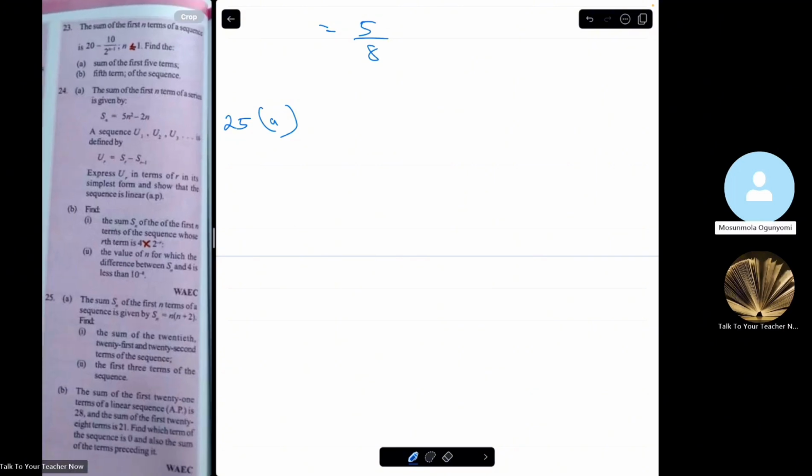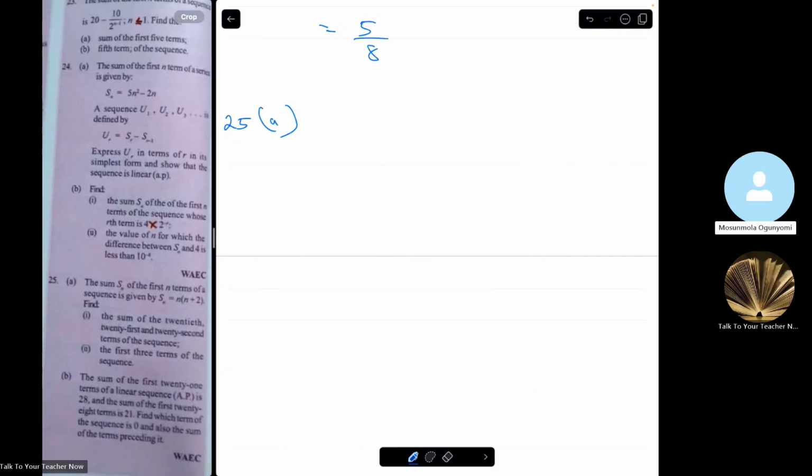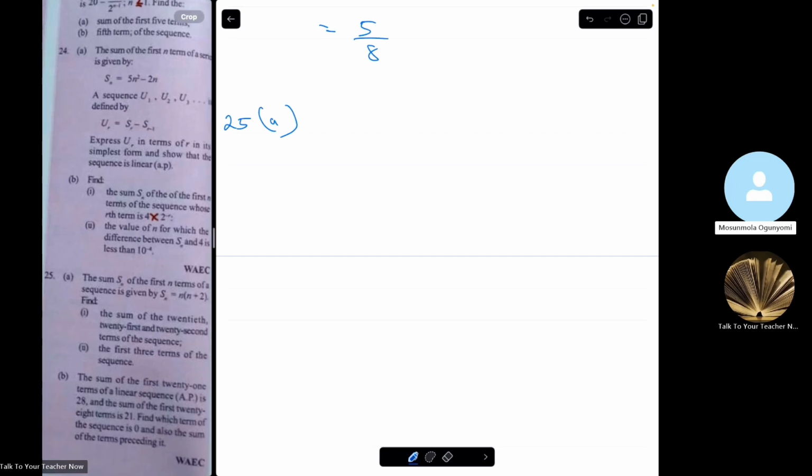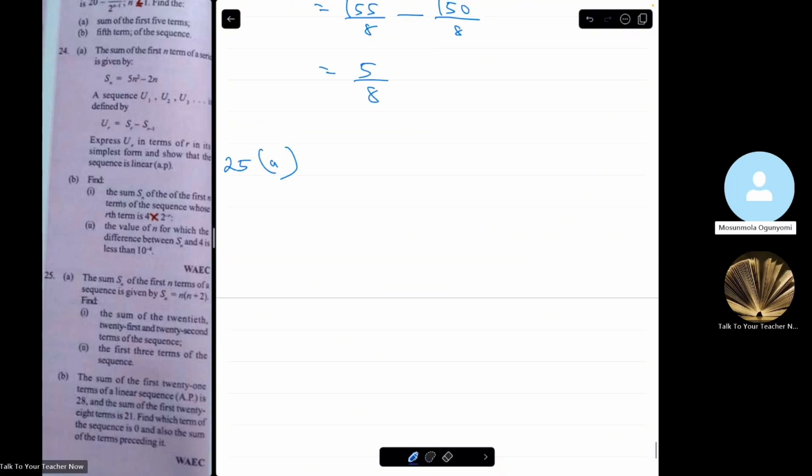The sum Sn of the first n terms of the sequence. Not the sum of Sn, the sum Sn.